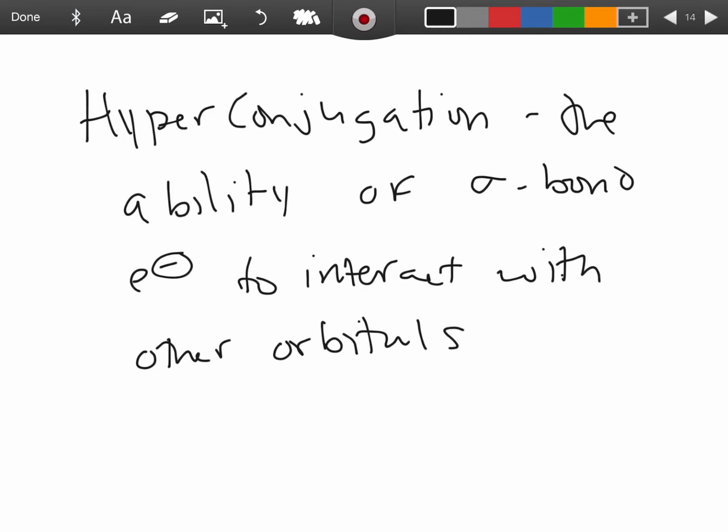So hyperconjugation is your sigma bond electrons. The electrons in your single bond are able to interact with, or have almost like resonance with, other orbitals. It's most often seen with these interacting with carbocations.